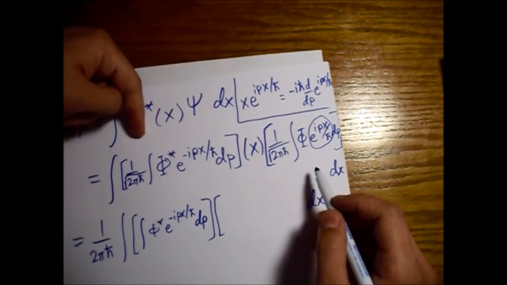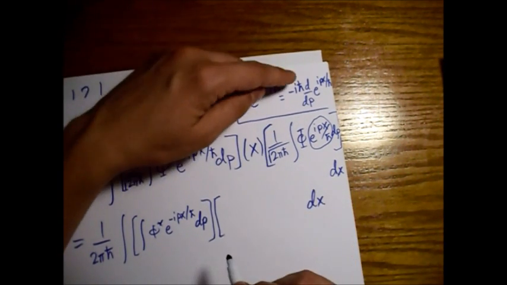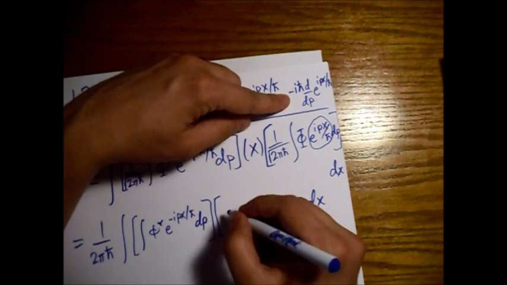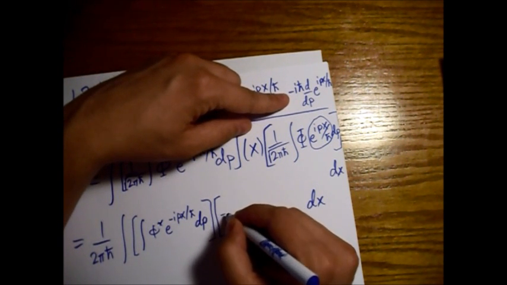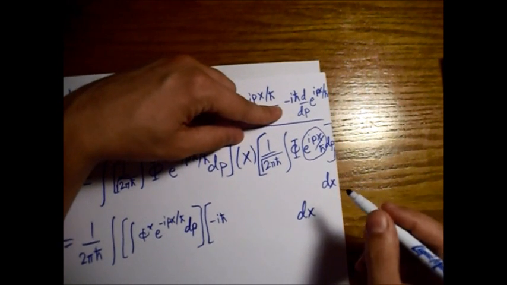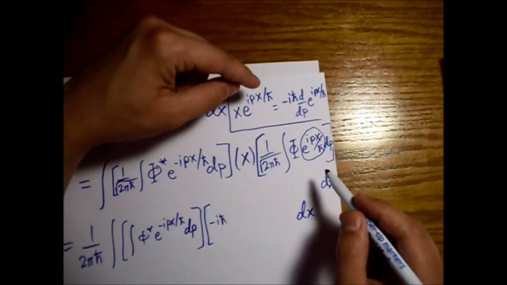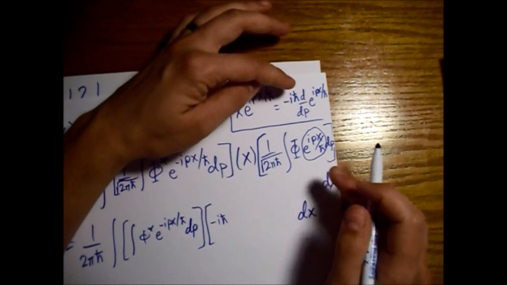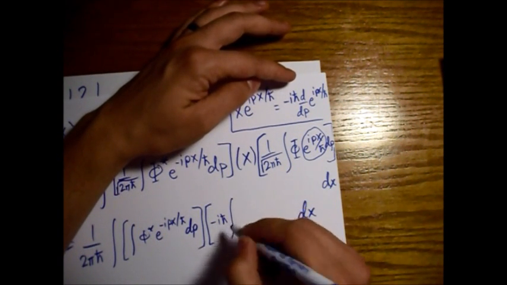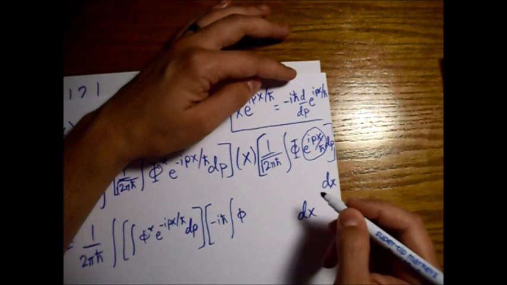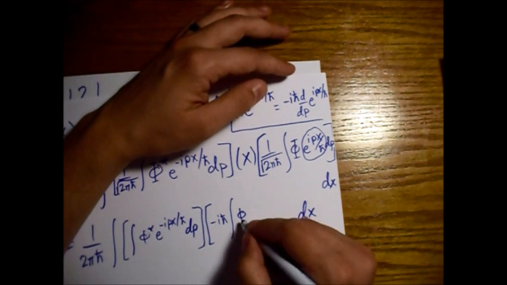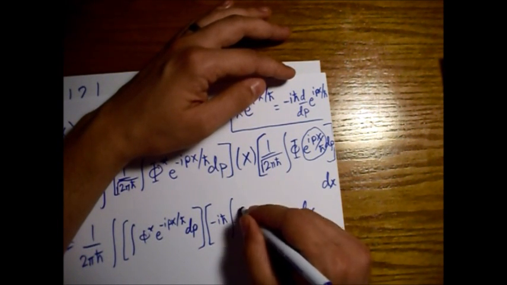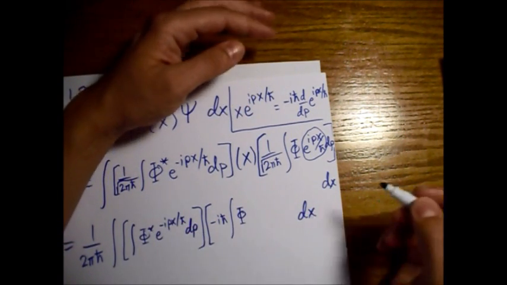Okay, we already brought our constant out. We're going to have a minus sign, and I'm going to bring out a minus i h bar. So we won't have this x, and we are going to end up with this phi. I should make them all capital like I did before.